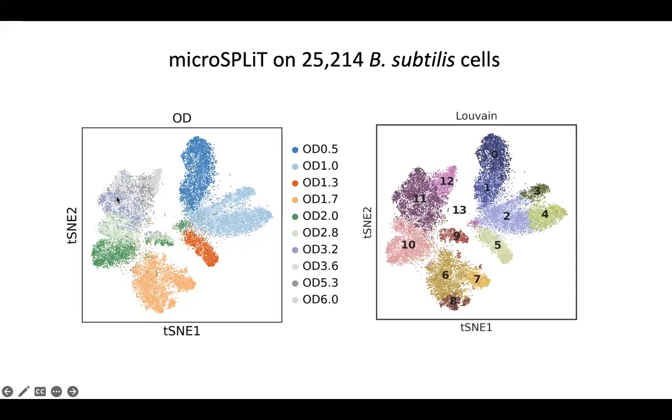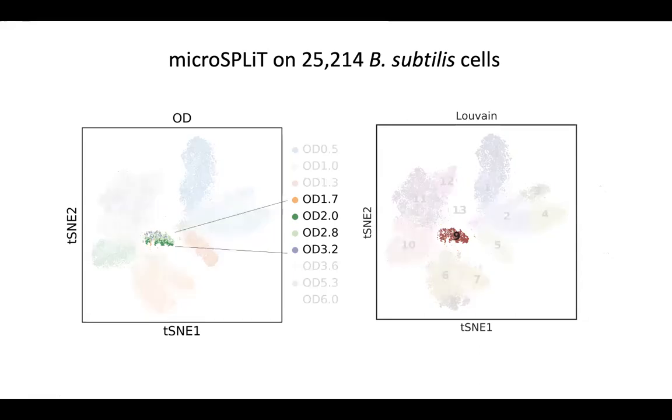Then we can see if we can identify distinct clusters programmatically with the Louvain algorithm. We can find generally 13 clusters in the data. Most of the clusters overlap with the sample identity, some do not. One example that is evident right away looking at it is this cluster 9 here.